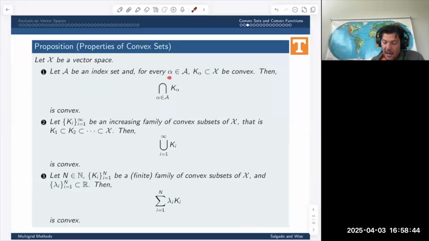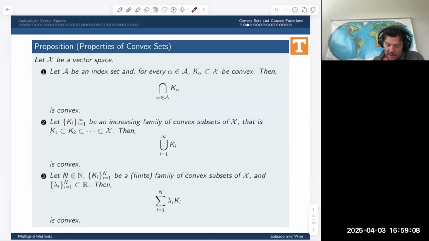And for every alpha in the index set, suppose that K alpha is convex. Then the intersection of all the sets indexed by A is convex.